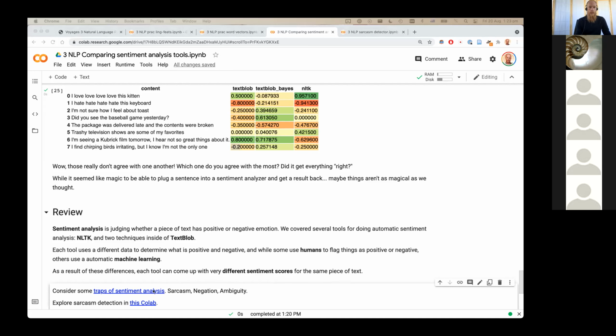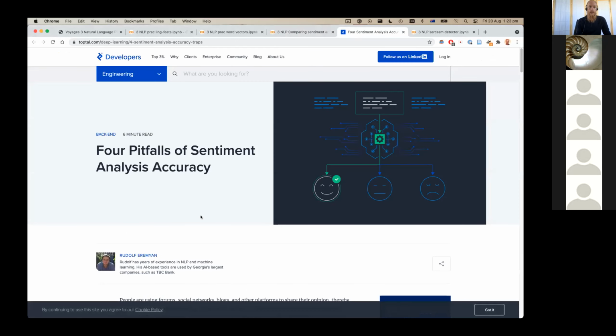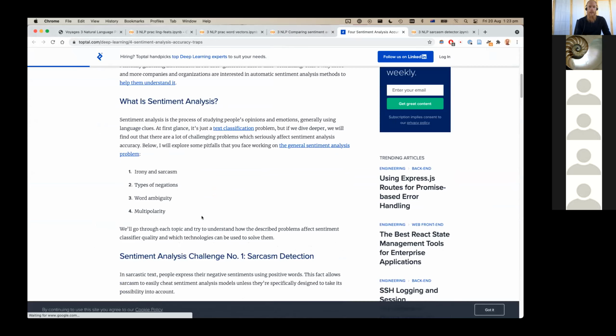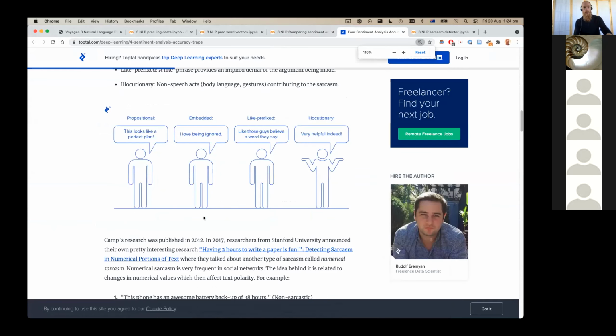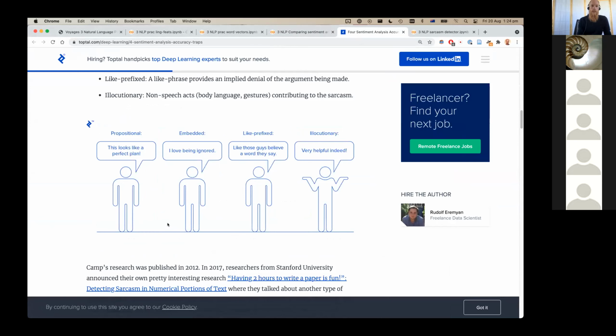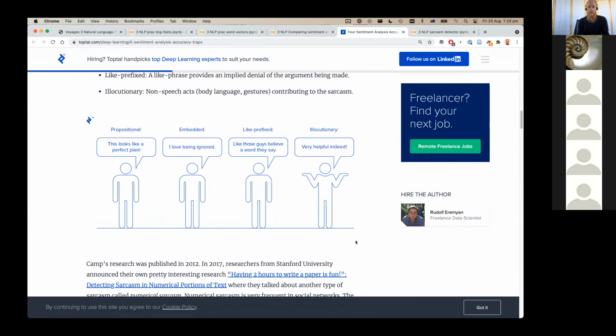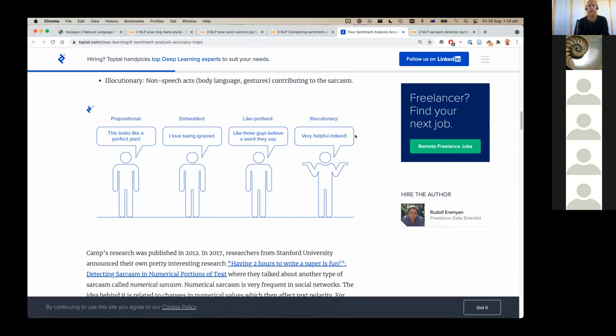There's a link there to an article about traps of sentiment analysis, talking about sarcasm detection, with some examples. "Hey, this looks like a perfect plan." "I love being ignored." "Like those guys believe a word they say." You can see that the syntax of the sentence sometimes belies the underlying meaning.